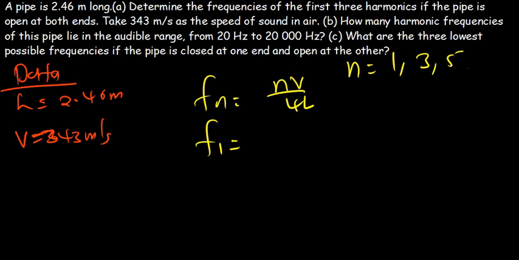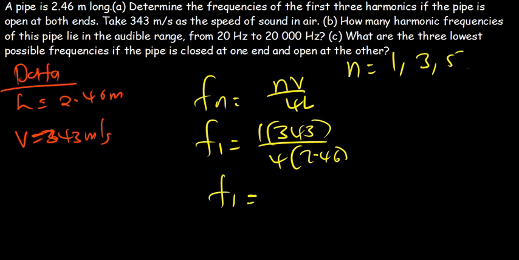The first one will be 1 times 343 divided by 4 times 2.46. The length will not change. So the first frequency will be 343 divided by, open brackets, 4 times 2.46. That is 34.86 hertz. That is the first one.